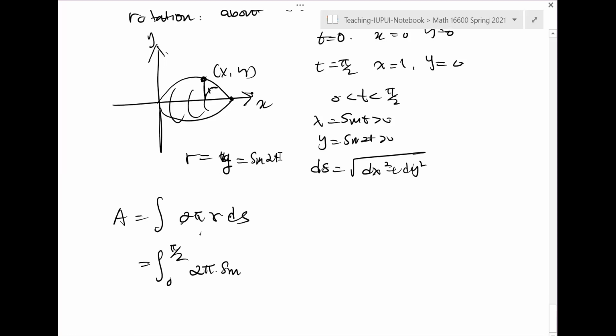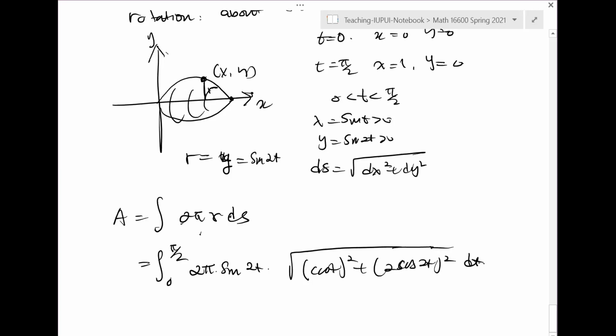It's very clear where sine 2t comes from. Then here's the derivative of x with respect to t, so that will be cosine t squared, and 2 cosine 2t squared, and the dt.